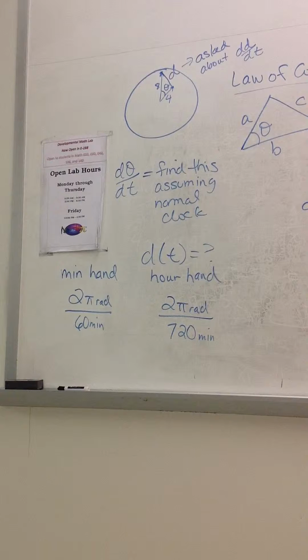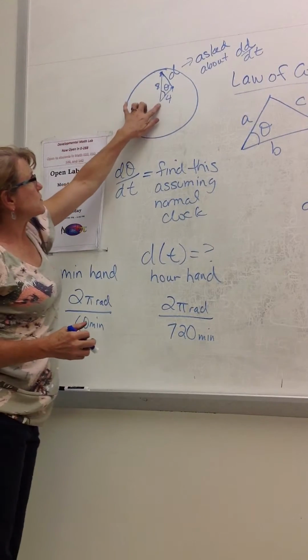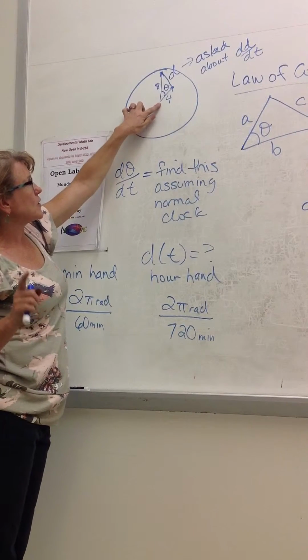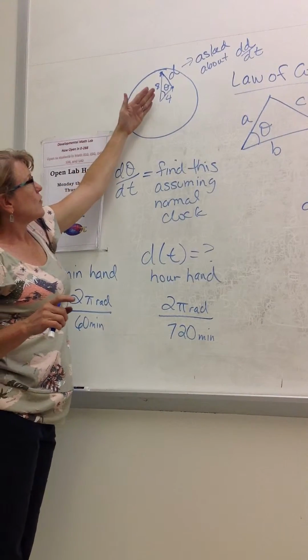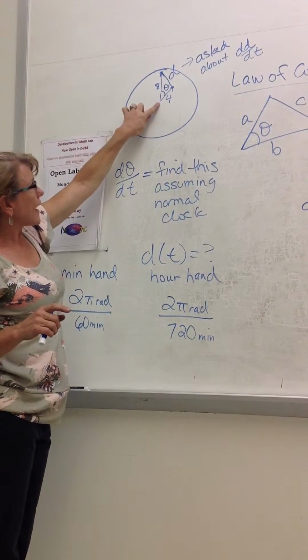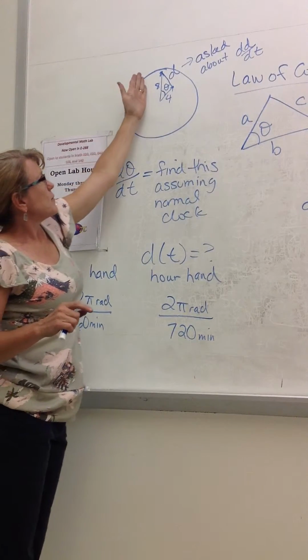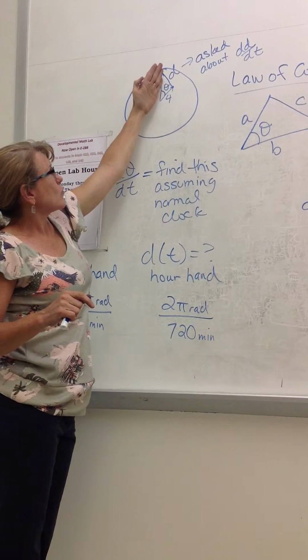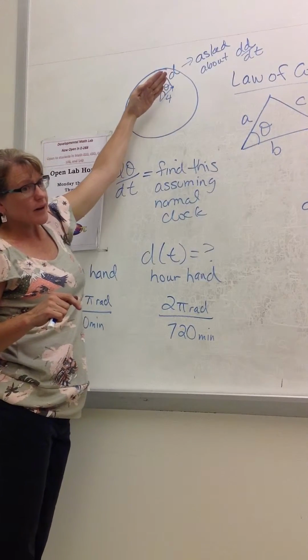I say kind of in the sense that it's just going to change the positiveness or negativeness of the d theta dt, and so often you can just adjust that in the end. But for the specific point in time that they're asking us, if it's at exactly 1 o'clock, the minute hand is getting ready to overtake the hour hand.